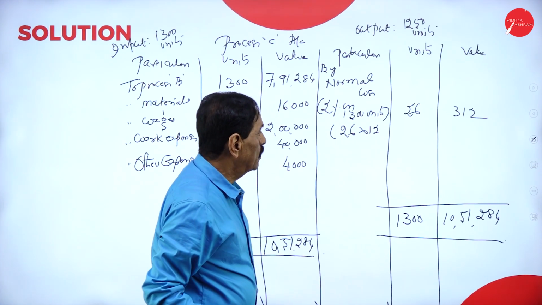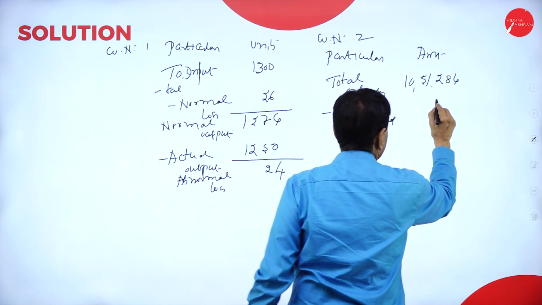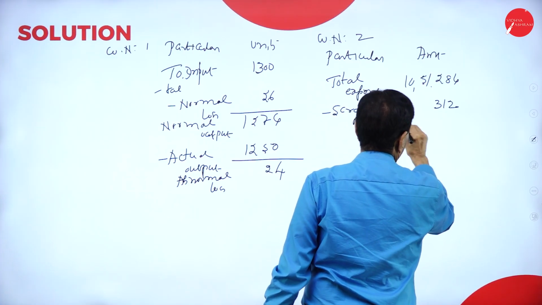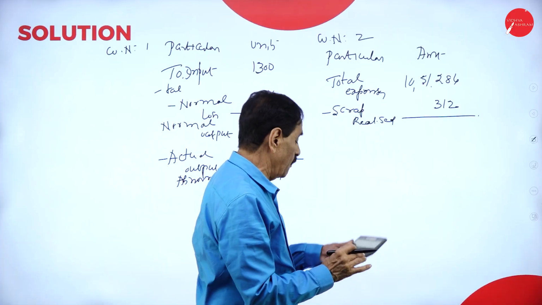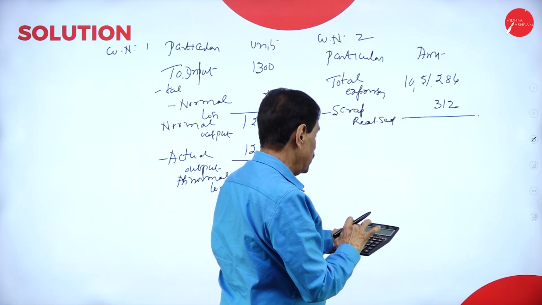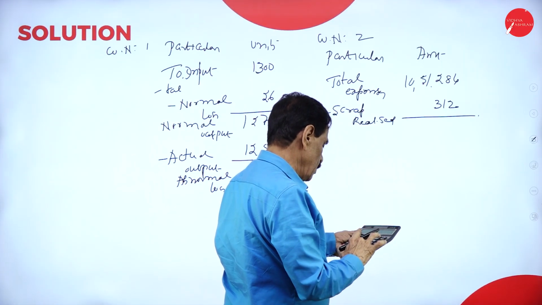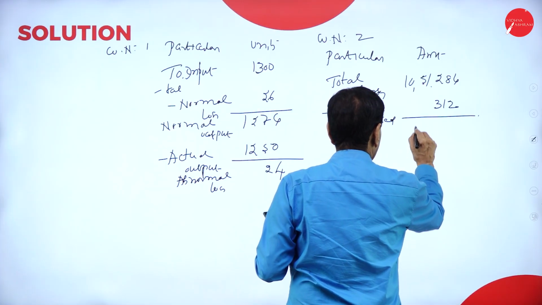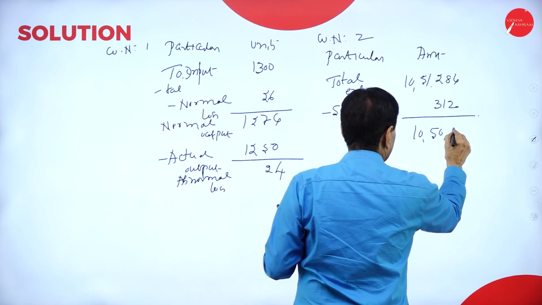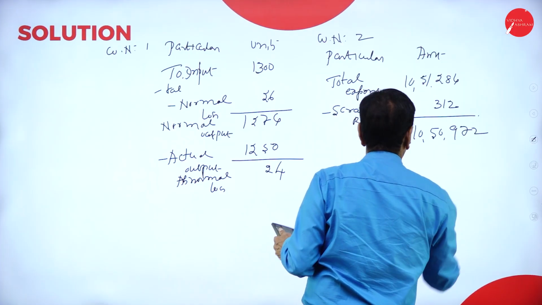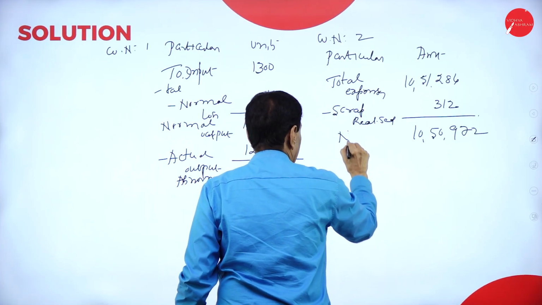What's the value? 312. 10,51,284 minus 312, 10 lakh 50,972. This is called normal cost.